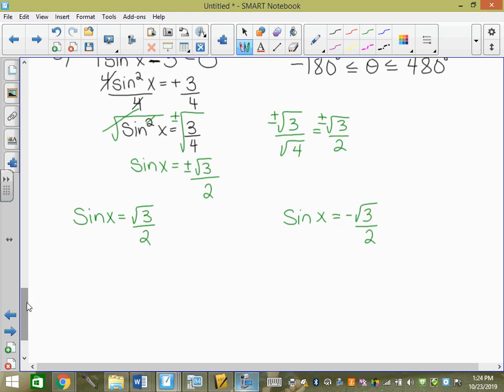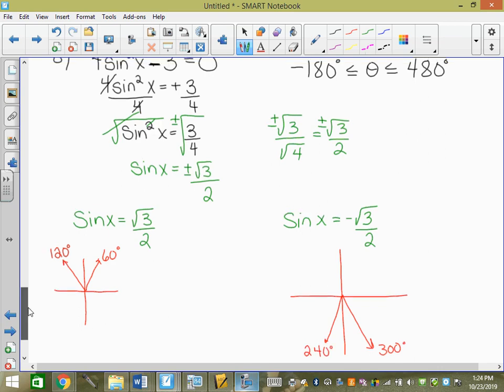It's positive here and here, so I know it's at 60 and 120. Sine is negative in quadrants 3 and 4, but still with a 60-degree reference angle. That hasn't changed. So this one's at 300 and this one's at 240.